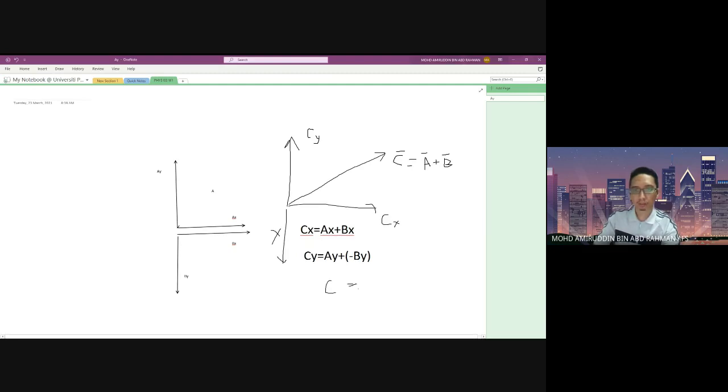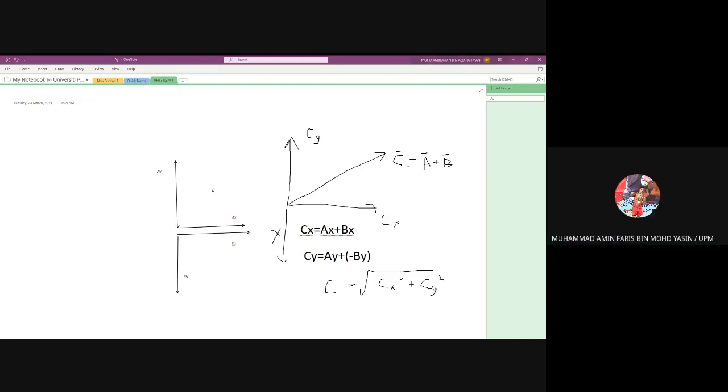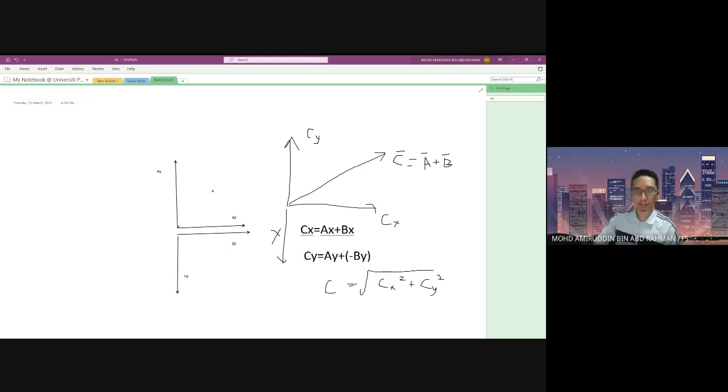C is the square root of CX squared plus CY squared. So what's the C? C is 2.5.